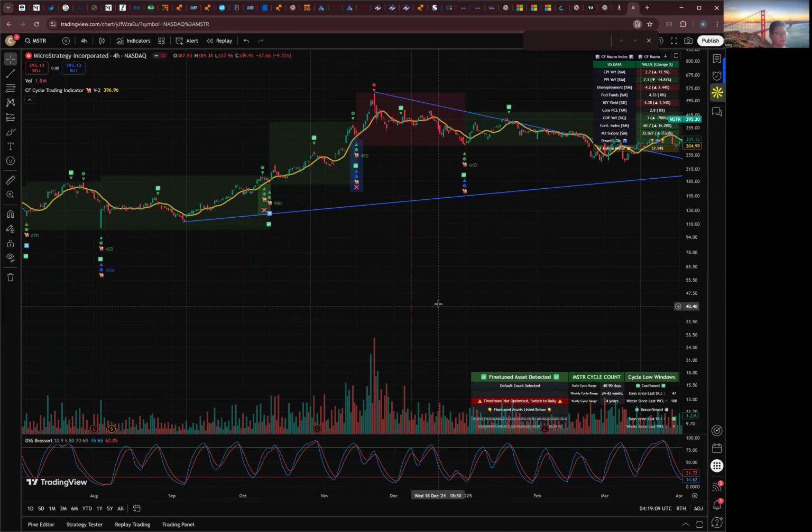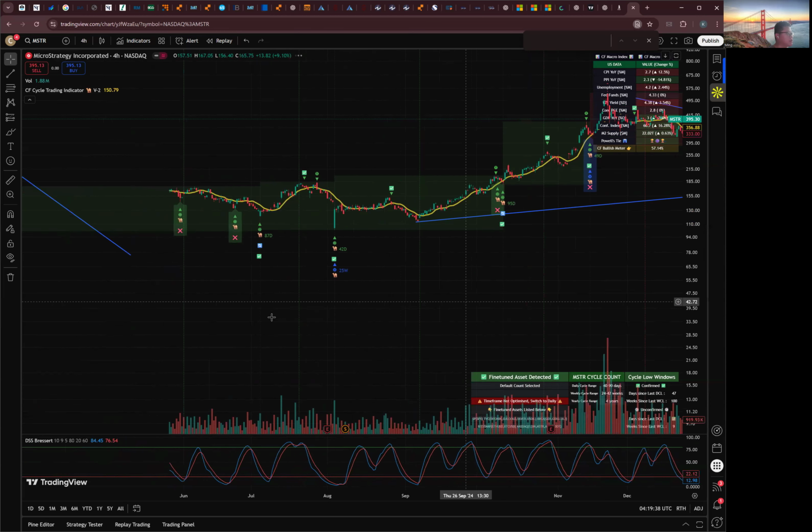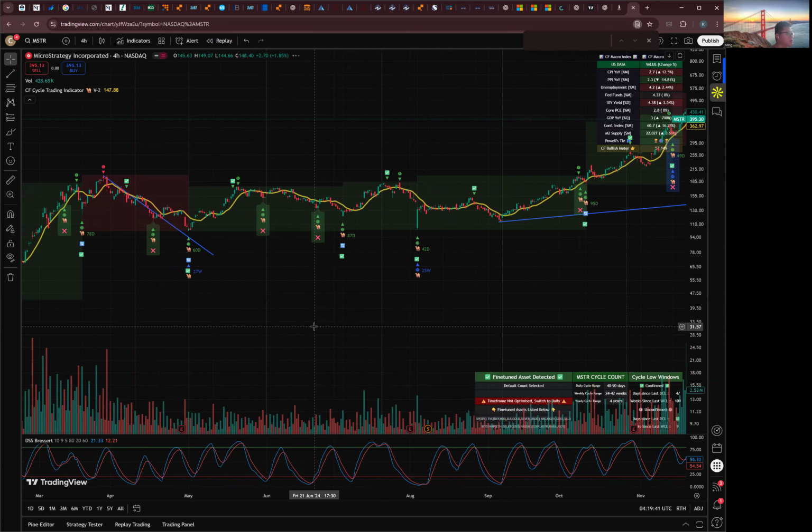And then I might get into two or three of these 4 hour cycle low indications before I move on to the actual real daily cycle low trade. So you see here and here, I'll go into these cycle lows, and actually I'm using the wrong example.